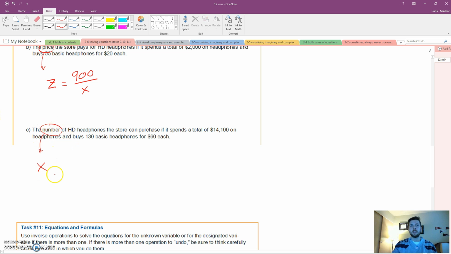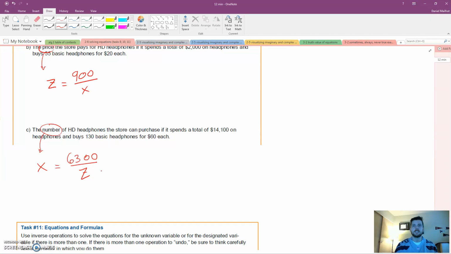That was represented by the variable X. Based on the other information they gave you, you should have come up with 6,300 divided by Z. If you got those, that's awesome. If not, while we work on the next task, maybe go back and discuss and see if you can work backwards to get to those answers, all right?